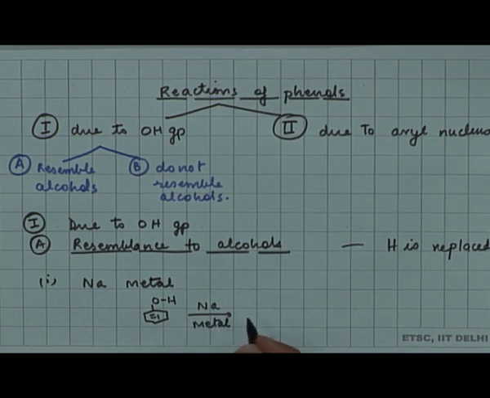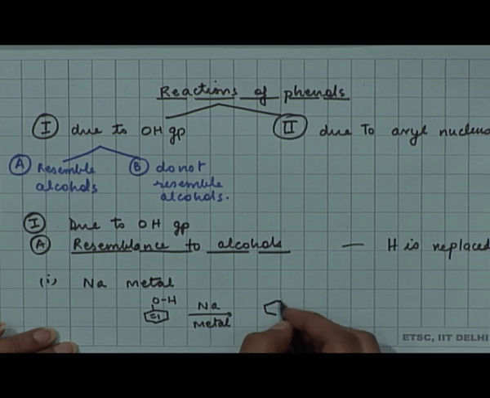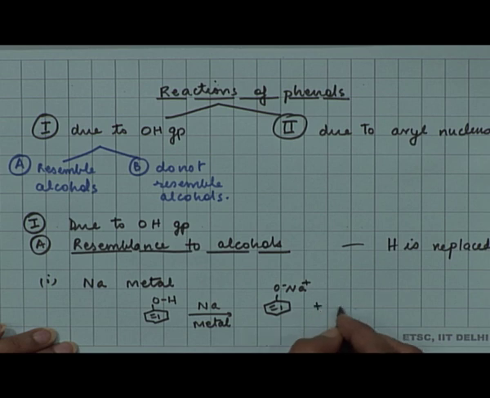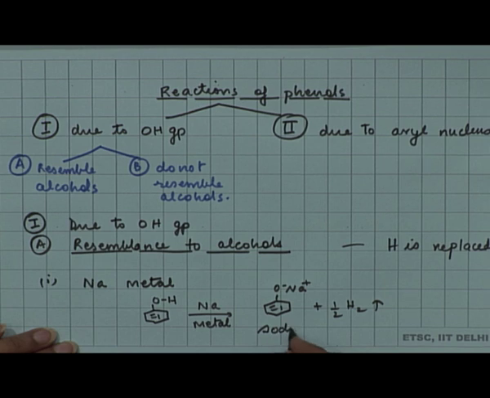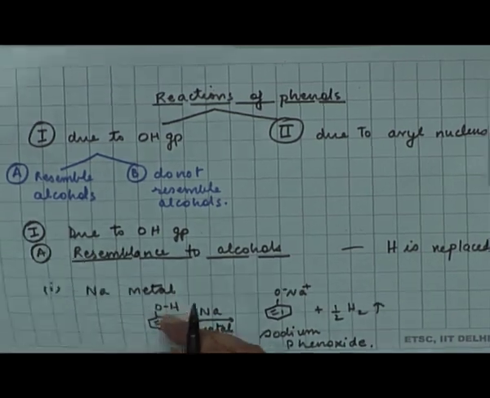It is because of the acidity of this phenolic OH, and it gives you the sodium phenoxide along with the elimination of the hydrogen gas. So, the reaction is similar to what was seen for alcohols.